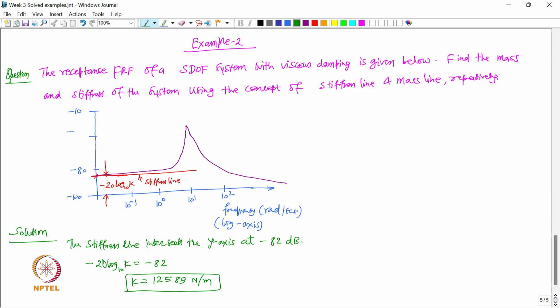Okay. Now, let us use the mass line to determine the mass of the system. So, what is the mass line?